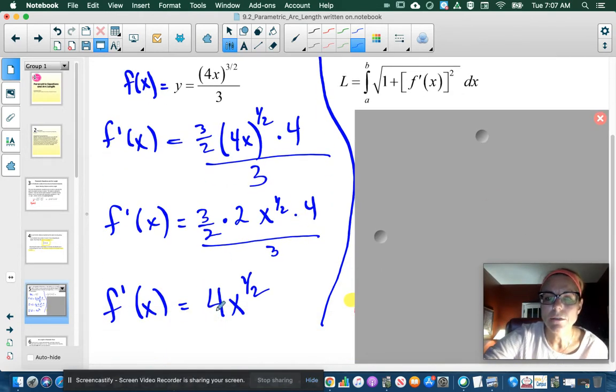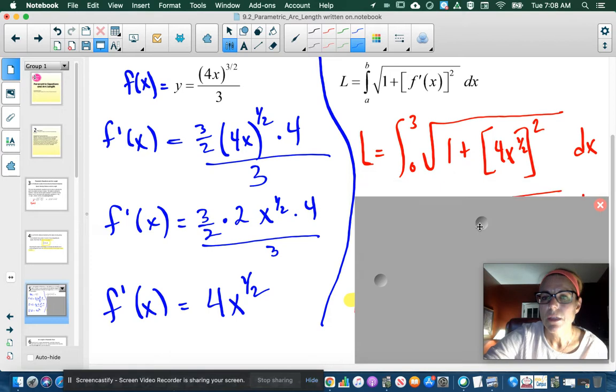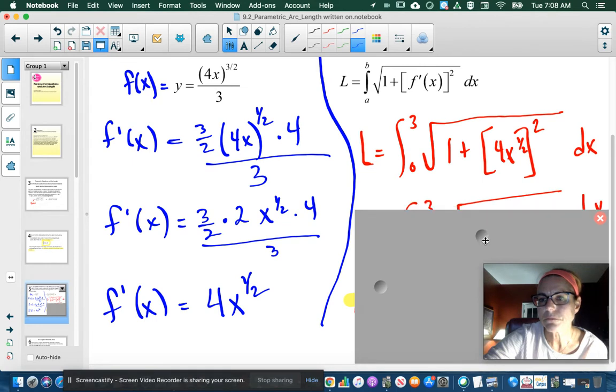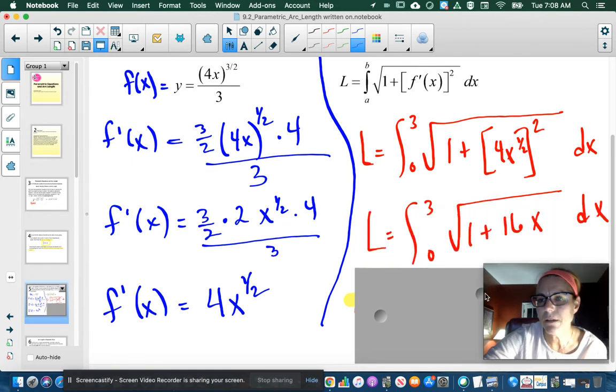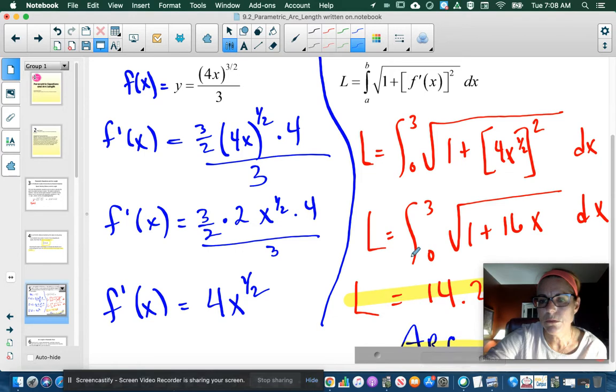In the end, there's your derivative, and you can pause it and go through my math. Then I plugged it into the arc length formula. There's the derivative, and I simplified a little bit. 4 squared is 16, x to the 1/2 squared is x.